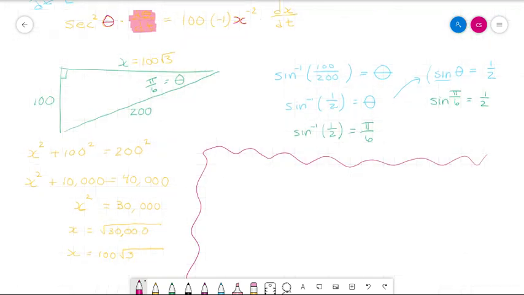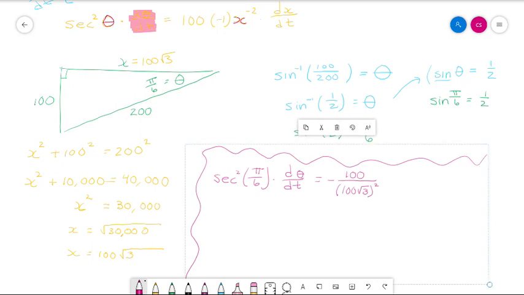Okay, so we have then secant squared of pi over 6 times d theta dt is equal to, let's see, 100 times negative 1 is negative 100. And then x to the negative 2, remember negative puts it in the denominator. Okay, and x is 100 root 3. So 100 root 3 squared.